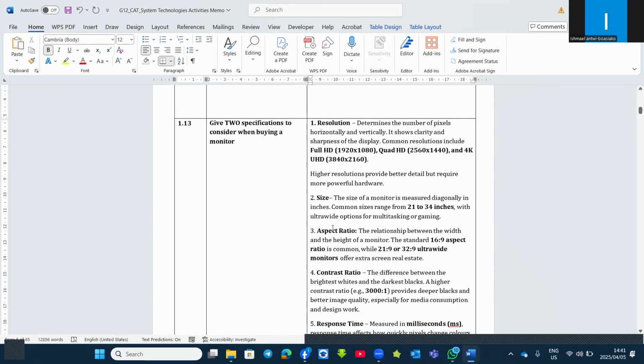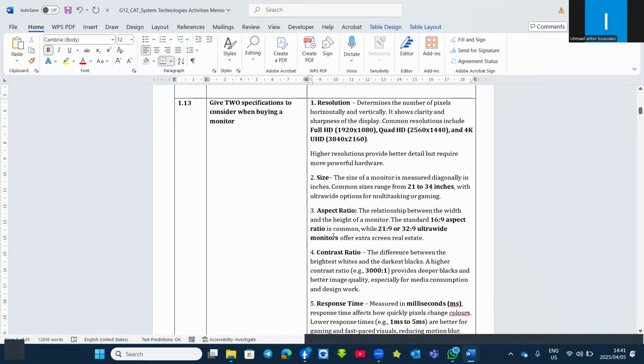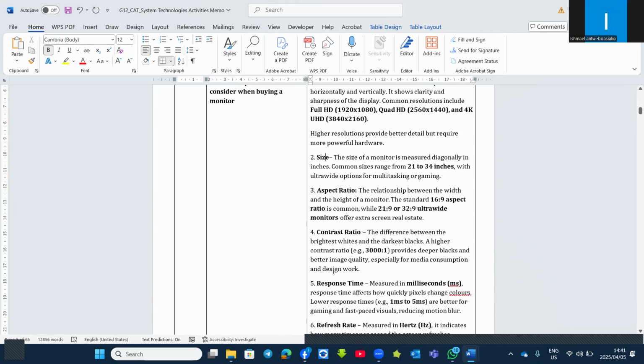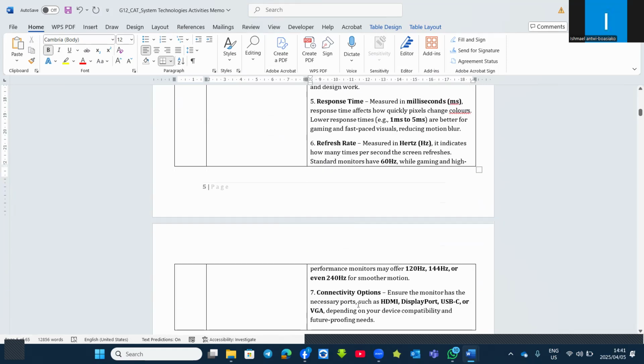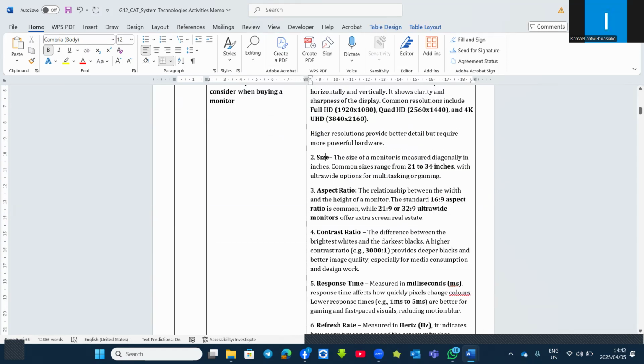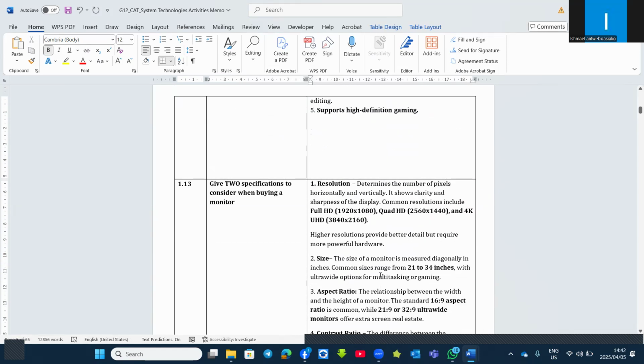Then the third one is aspect ratio, contrast ratio, response time, refresh rate, and then connectivity options, whether it's able to connect HDMI or USB Type-C and the rest, or VGA. So basically, these are the factors one is to consider when purchasing a monitor or display devices.